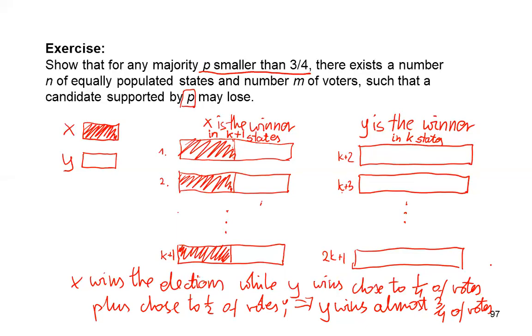voters in those states. But if we have states that are not symmetric, I mentioned that those states in this example are symmetric, but some states are smaller, some states are bigger. This is the case with the American states.